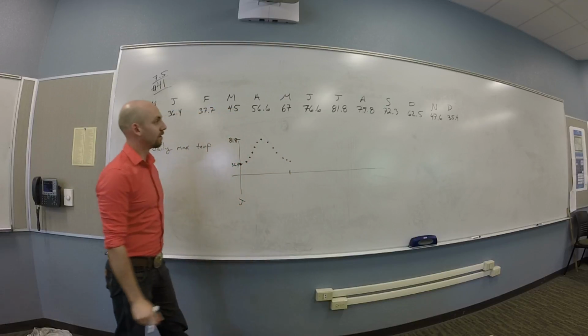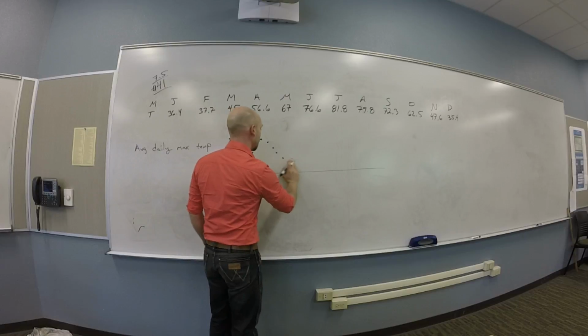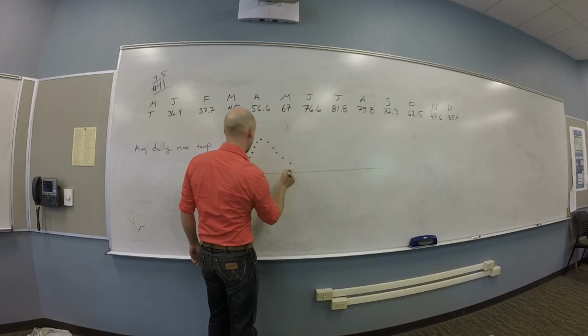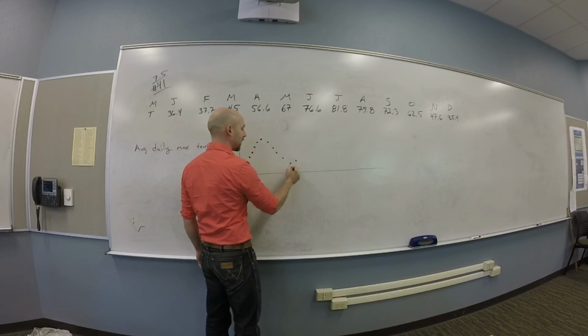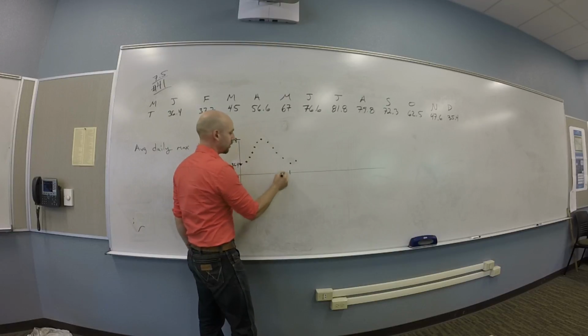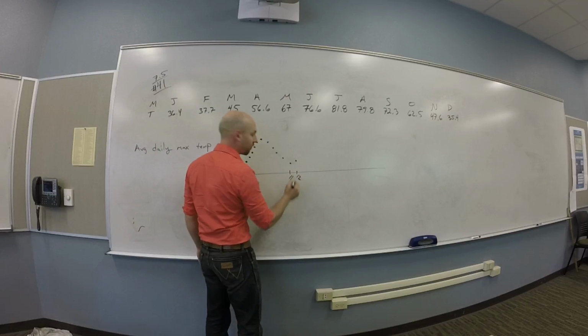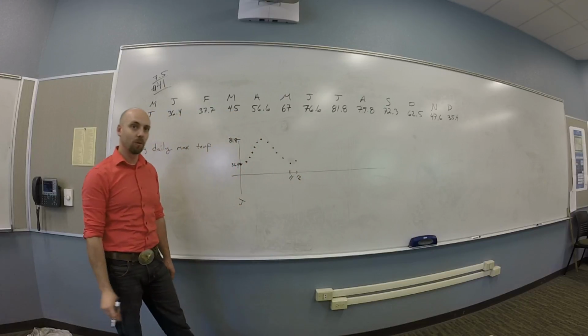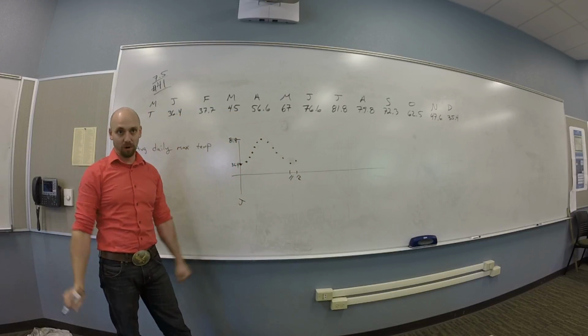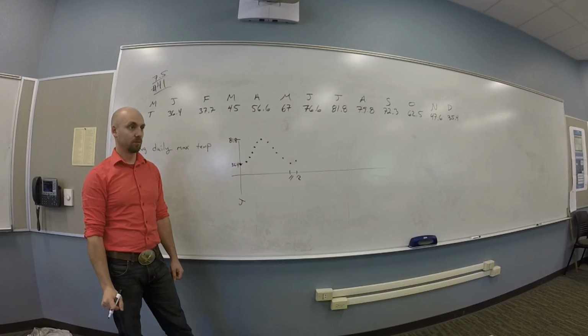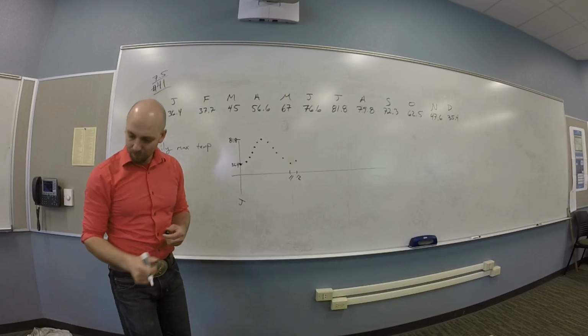December is lower than January. Okay, so then I expect the next one to be a slight increase, right? So this is 11 months past January, and this is 12 months past January, in which I will be back in January. You guys feel that? Okay.